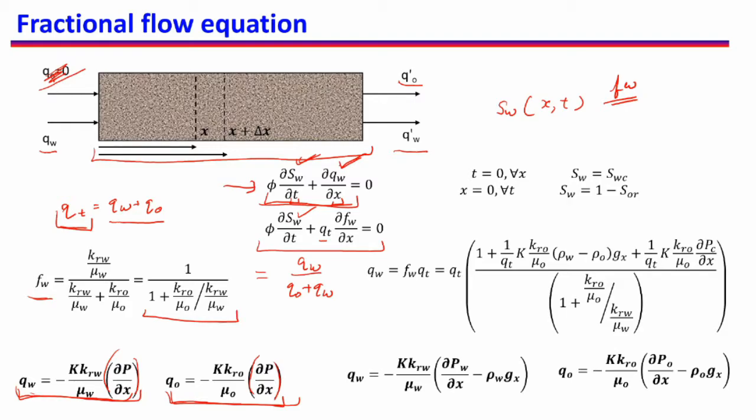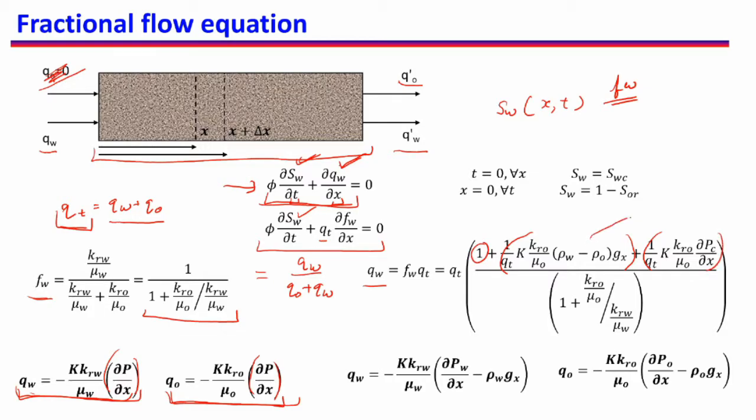But if we want to consider gravity and capillary pressure, then the flow of water is governed by, first of all, the pressure difference, where the Qt term will come, and also the density difference of oil and water and the capillary pressure.